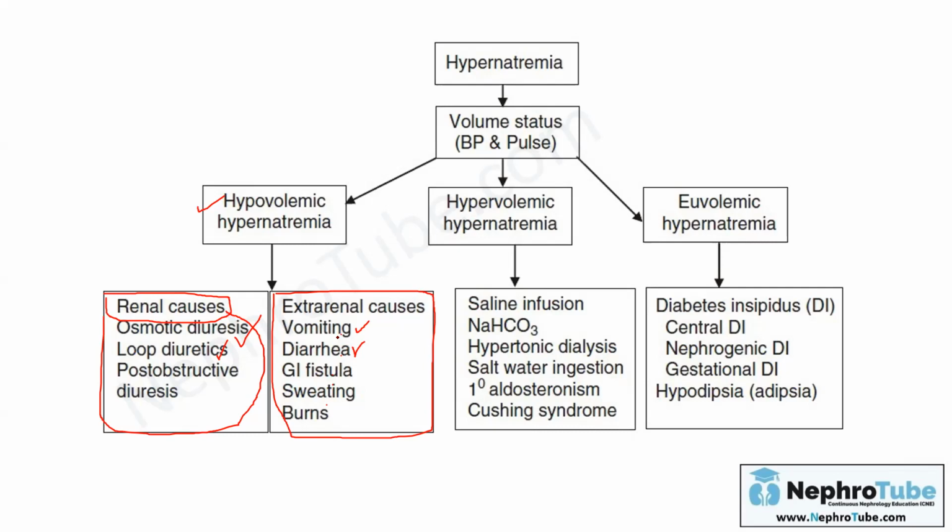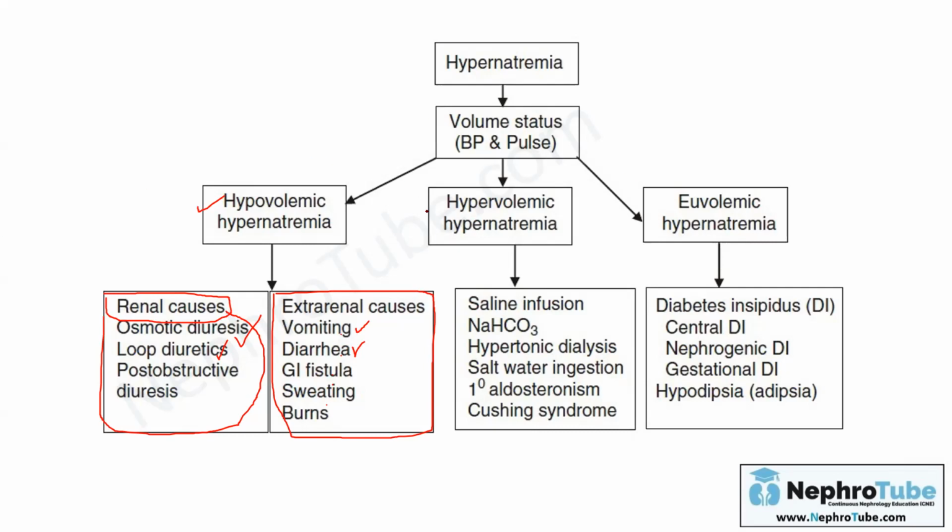But if the patient is losing water by renal or extrarenal loss, and the patient is not drinking water, there is no water intake, and the patient is dehydrated and his blood volume is concentrated, this may cause hypernatremia. So hypovolemia may cause hypernatremia or hyponatremia depending on the water intake of the patient.